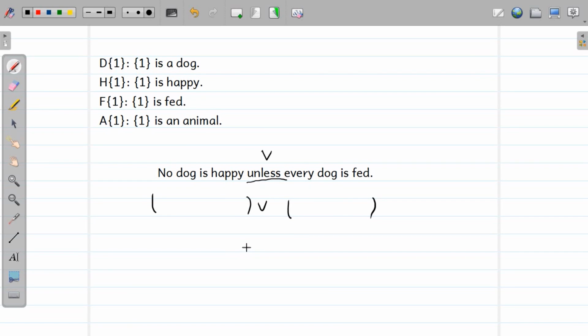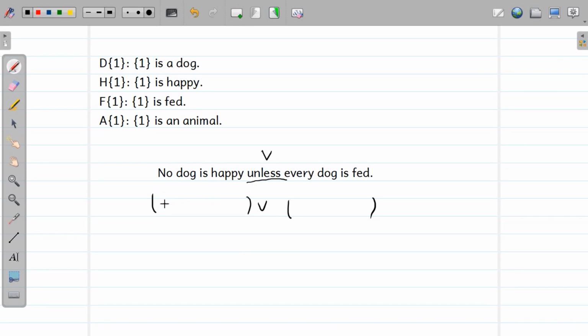And now we just look at the parts and try to symbolize those. So, no dog is happy. There does not exist a dog that is happy. That is a perfectly good way of doing this. And how would I symbolize that? That was a very good rephrasing.